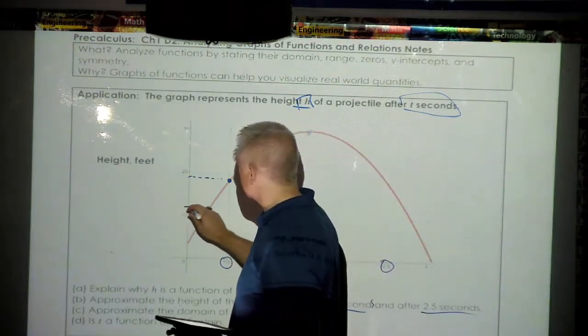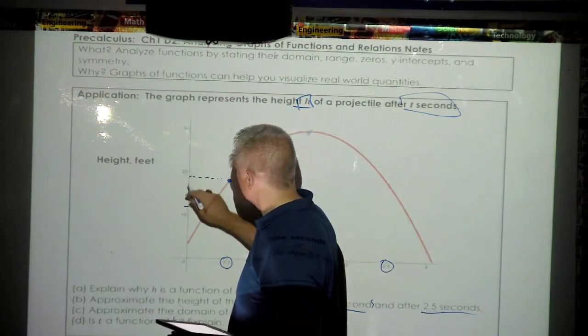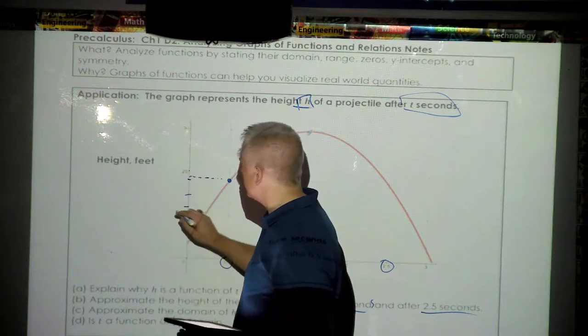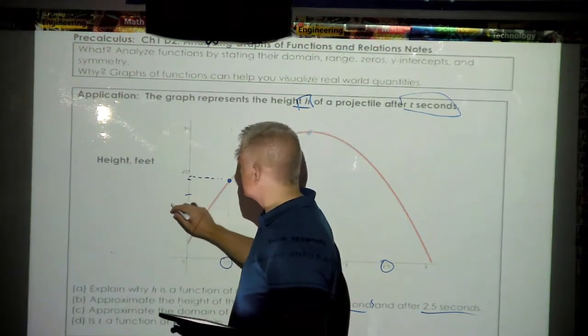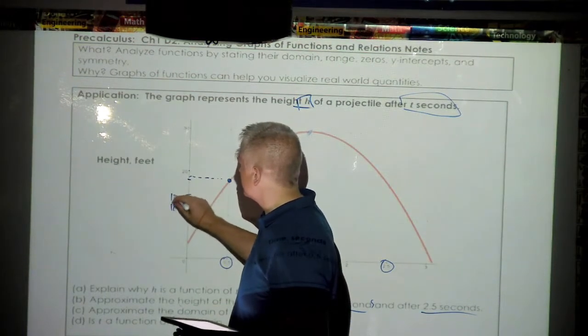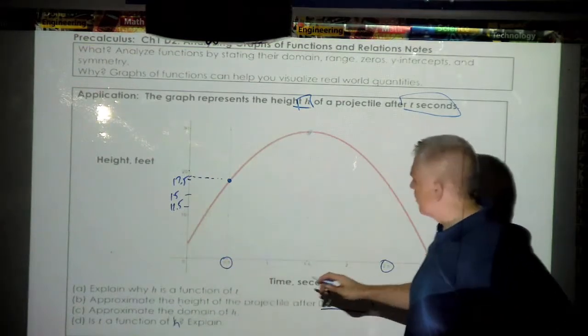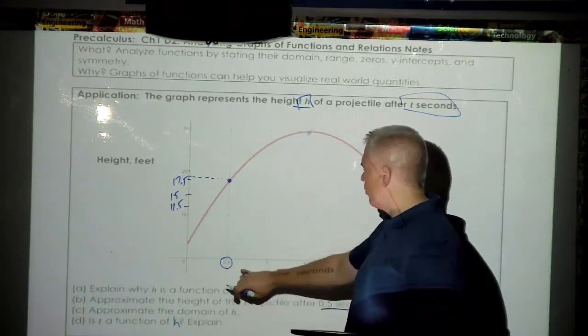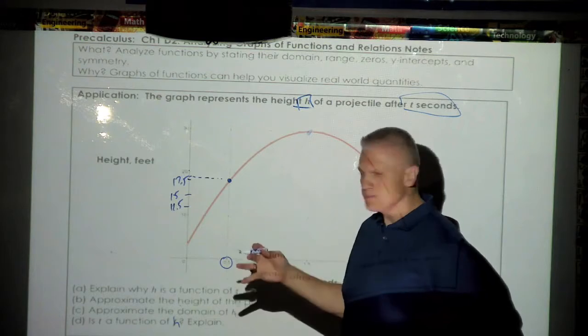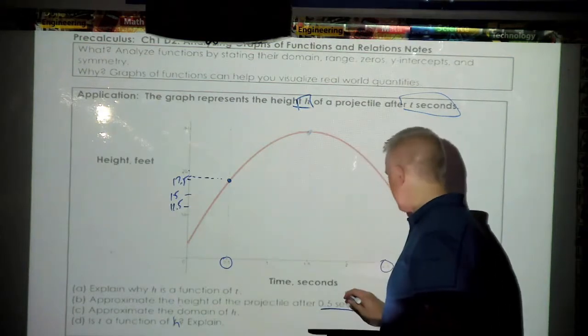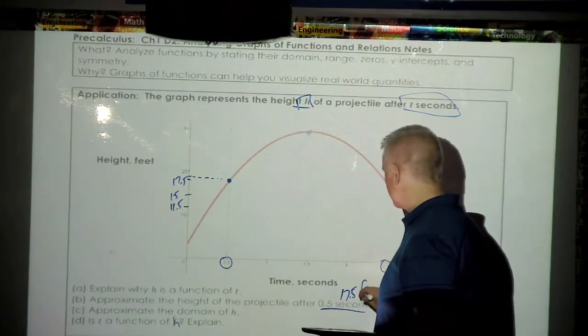Because there are 4 in between, each one is worth 2.5. So this would be 12.5, 15, 17.5, and then 20. So the answer is at 0.5 seconds, the height of the object is 17.5 feet.